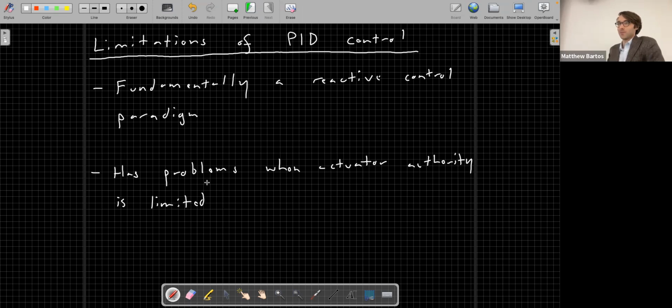Towards the very end of class, we'll be talking about probably the most popular predictive control paradigm, which is model predictive control. That will occur much later in class, but I just want you to note that there are different control paradigms. PID is not the only game in town. It is just a particularly effective control strategy for many problems that will crop up in a practical sense.